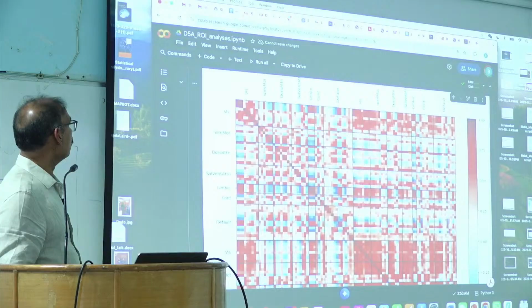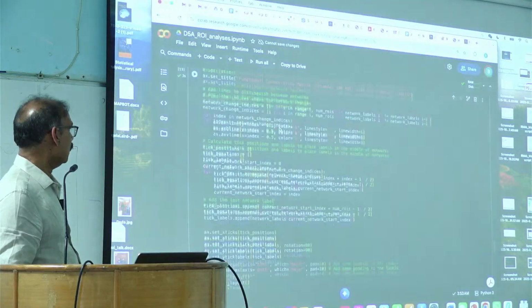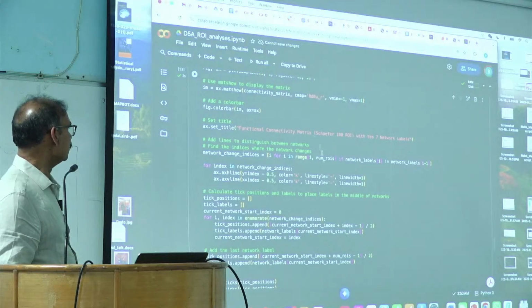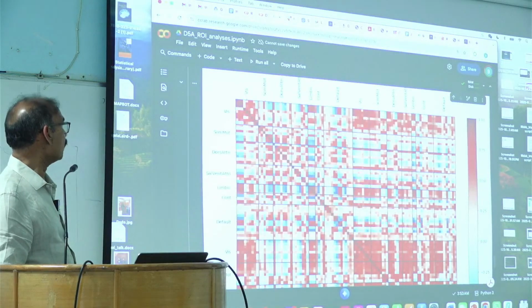Okay, so for any data, you should be able to use this code to generate this correlation matrix.